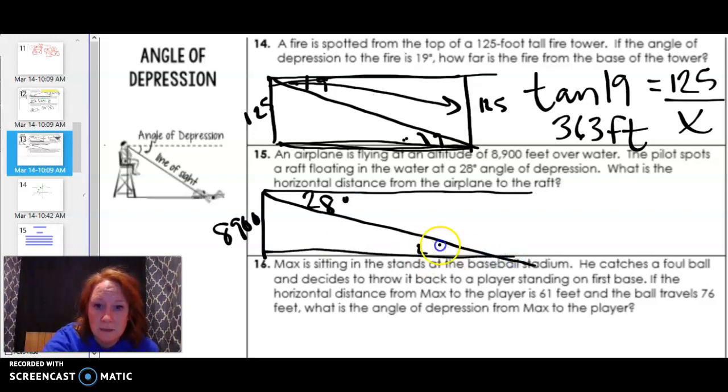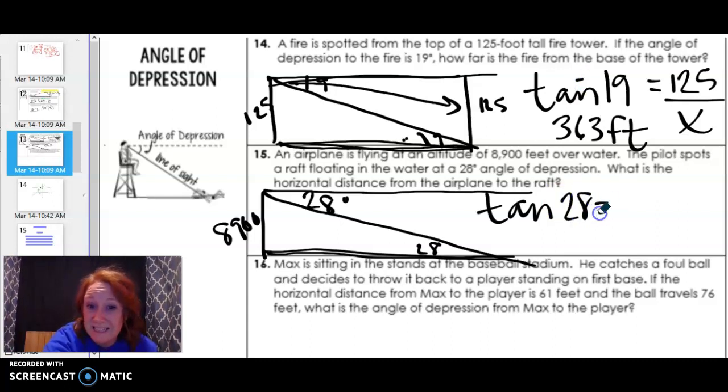That's here. Okay, so opposite over adjacent, because they want horizontal. Opposite over adjacent, tangent. I'm not finding any angles, so there's no inverse. So tangent of 28 equals 8,900 over x.